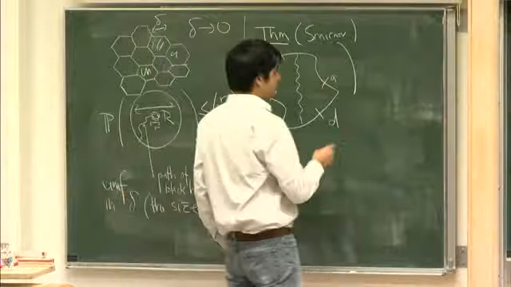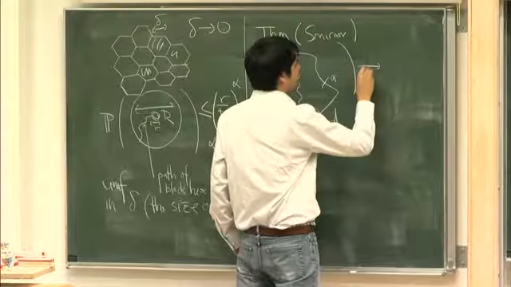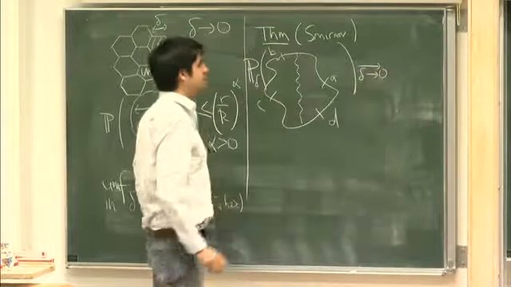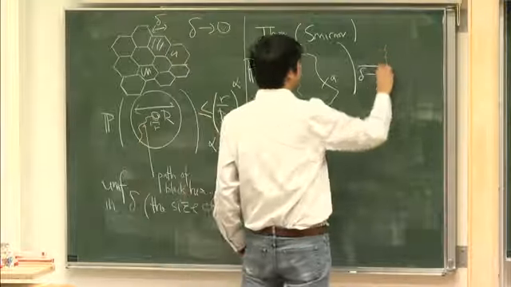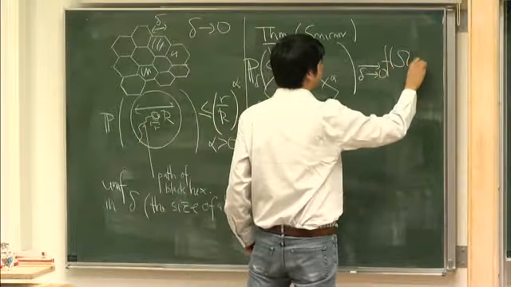So this quantity has a limit as the mesh size goes to 0. The limit is a function of the domain and the 4 points.